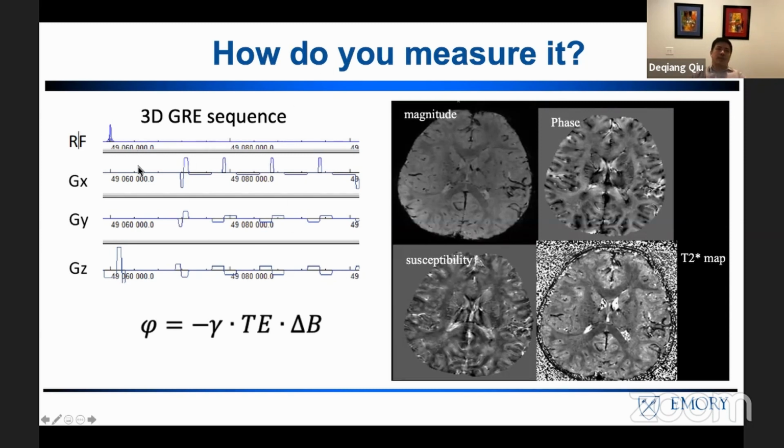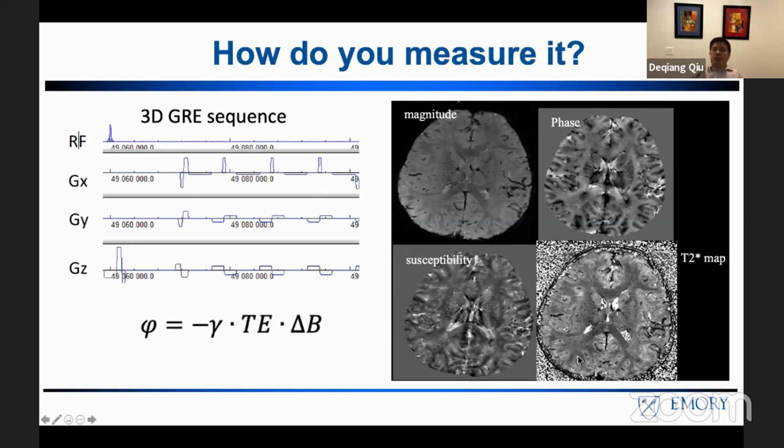If you look at the 3D GRE sequence, any perturbation to the magnetic field is going to cause a phase that's proportional to the perturbation of the magnetic field, and it also depends on echo time. So using this sequence, after some processing you are able to get the magnitude image. After some further processing you can get the phase image, and with further reconstruction, you can get the magnetic susceptibility distribution, which could be used to study different diseases.